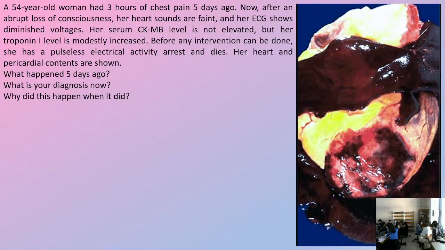So that's why at this time point, 5 days after the onset of the acute myocardial infarct, only the troponin I level is increased.